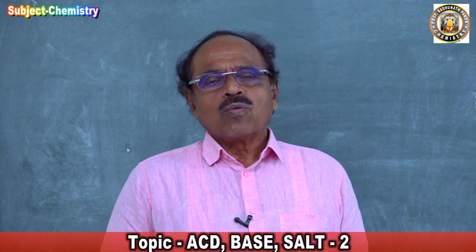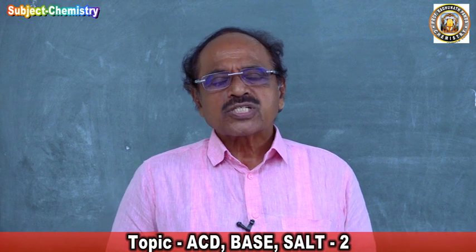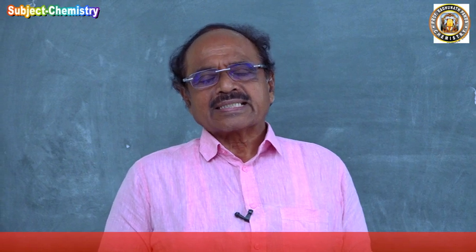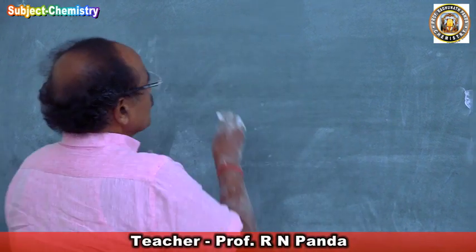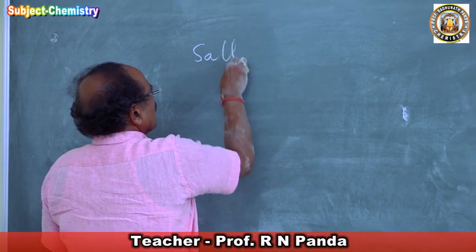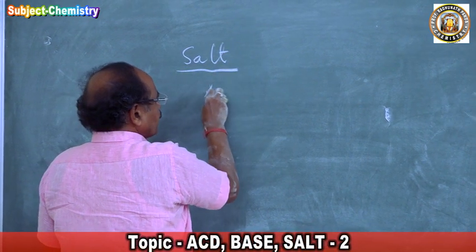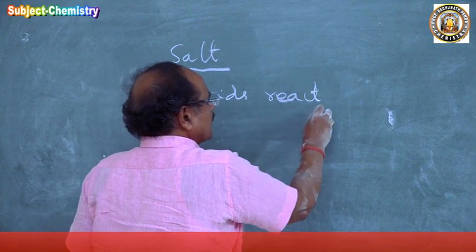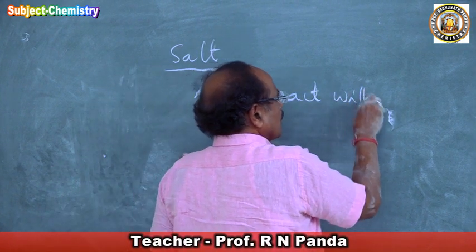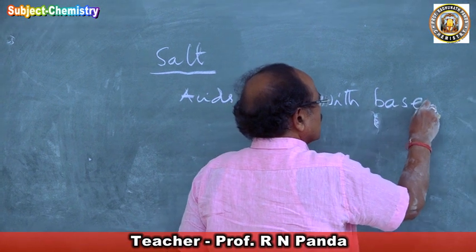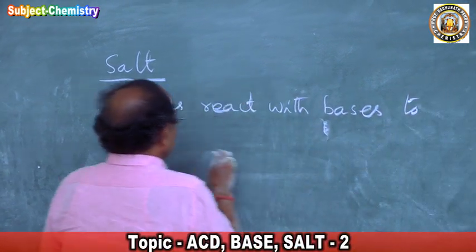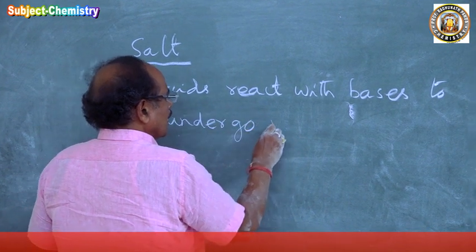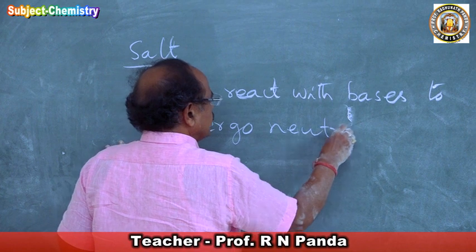Now we'll come to what salts are, how salts are formed, and what the characteristics of a salt are. So if you come to salt, the acids react with bases to undergo neutralization.